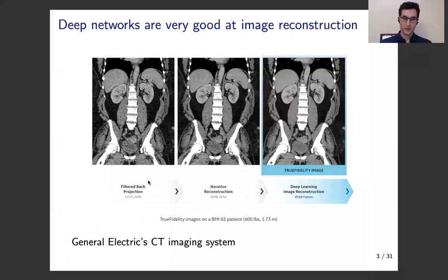General Electric builds, amongst other things, CT scanners, and since 2019 they are using a system called True Fidelity, which uses deep learning to do image reconstruction. As you can see here, it gives cleaner images than what they had been using before.